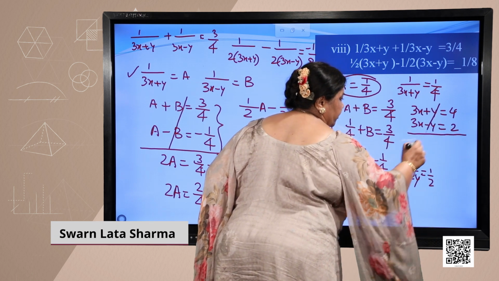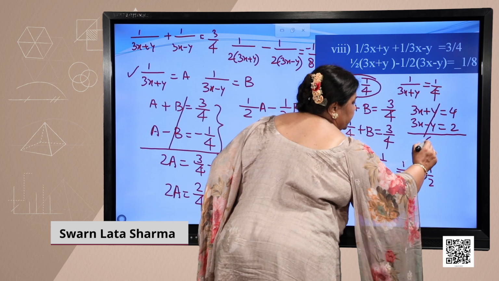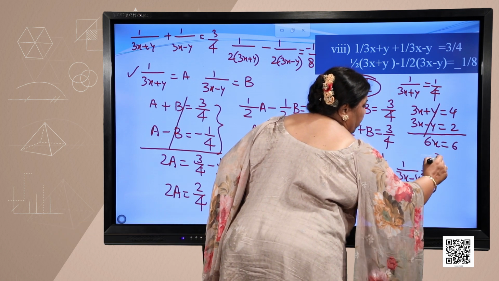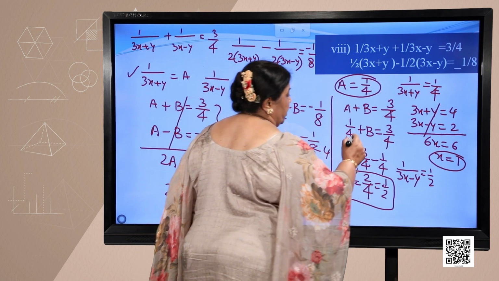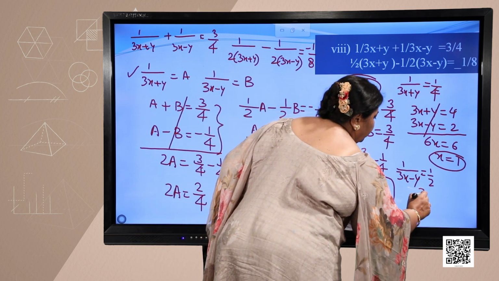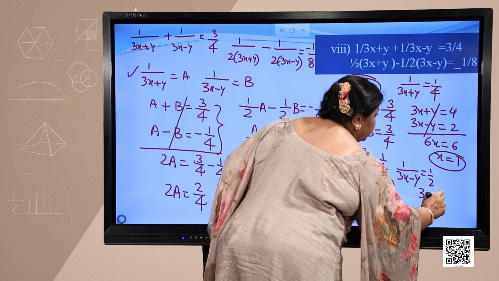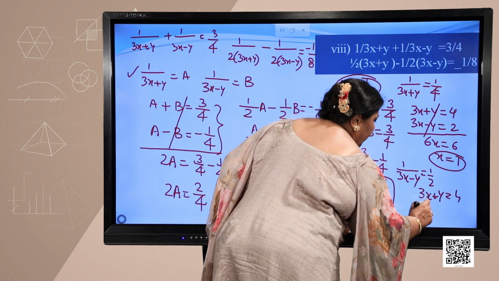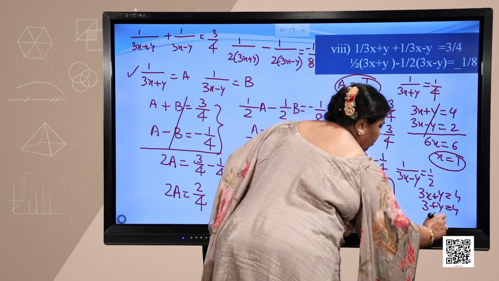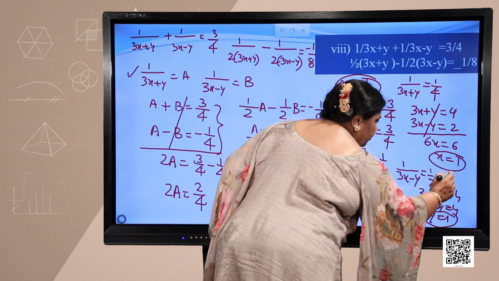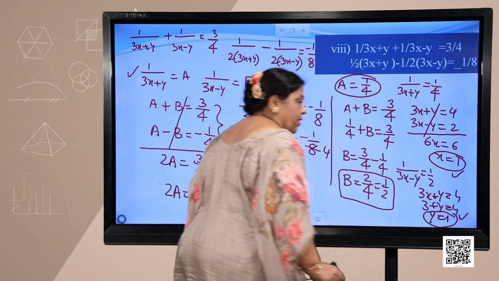If I add, what do I get? 6x is equal to 6 or x is equal to 1. I have got the value of x as 1. Now, if I substitute this in any of the equations, 3x plus y is equal to 4, I get 3 plus y is equal to 4 or y is equal to 1. So, x is also 1 and y is also 1.